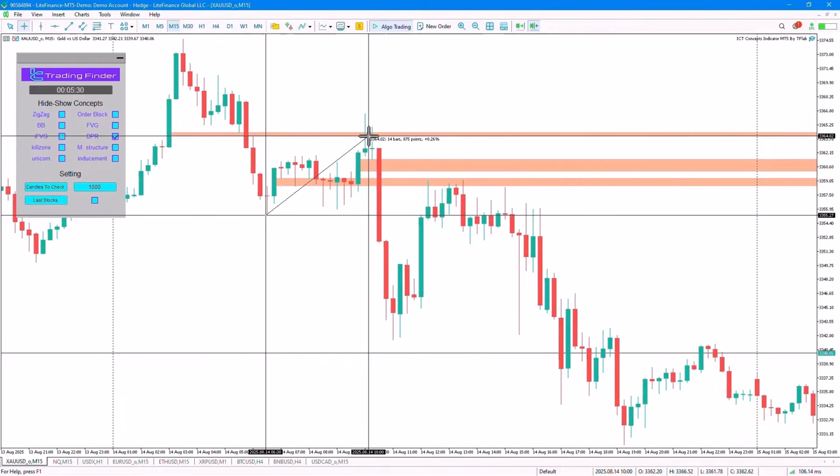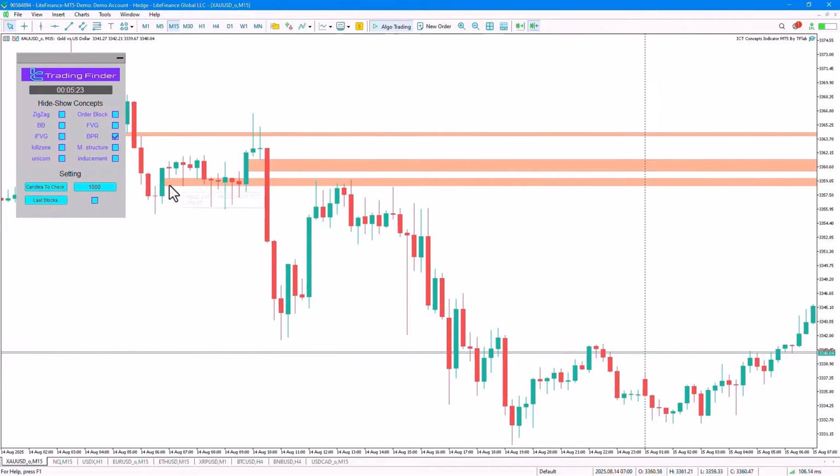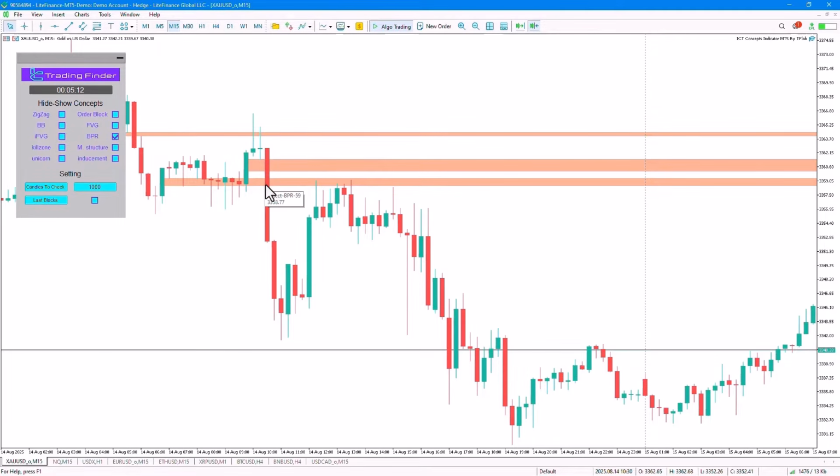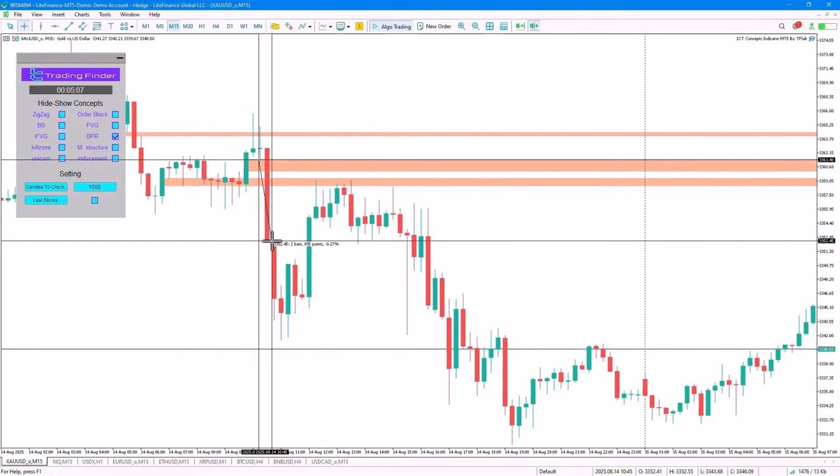If the price returns to this zone, we see a strong price reaction, and as you can see, here too a bullish FVG zone has formed. The price was not able to break through the bullish FVG zone here, and after that, it made a strong move downwards, which also formed a bearish FVG zone here.